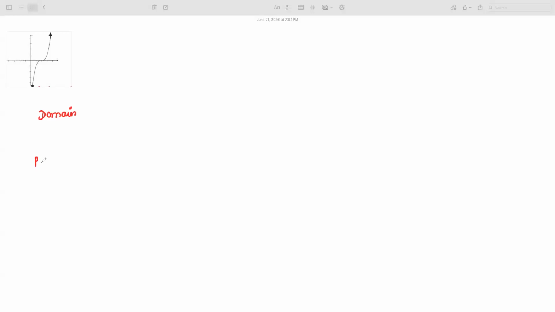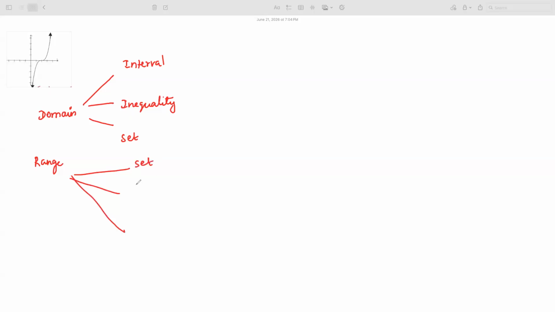There are three notations, right? One is interval notation, inequality notation, then what is the other one? Set notation. Similarly, we are going to write set notation, interval notation, inequality notation.